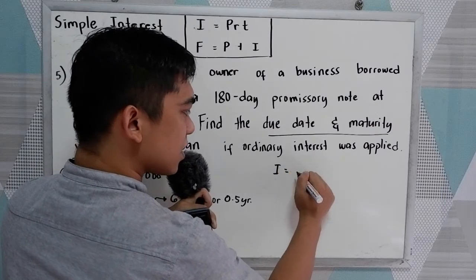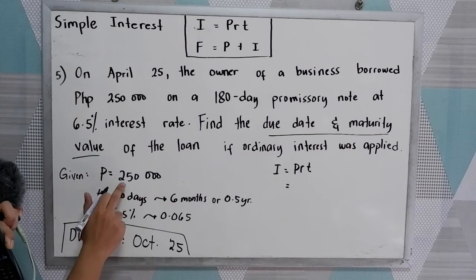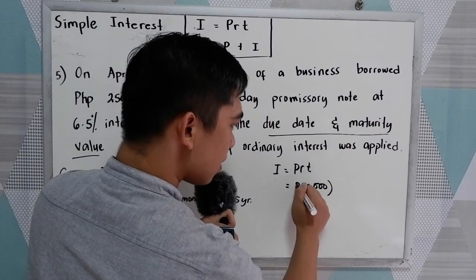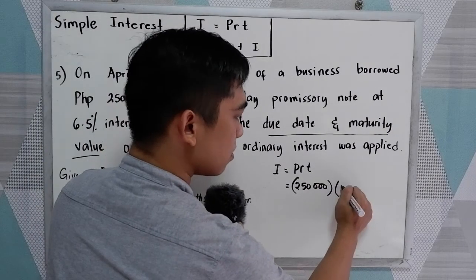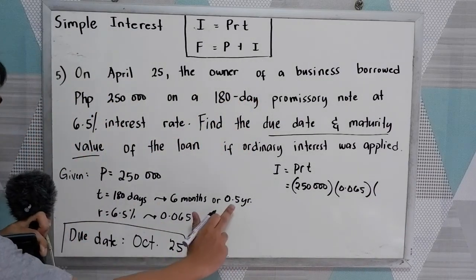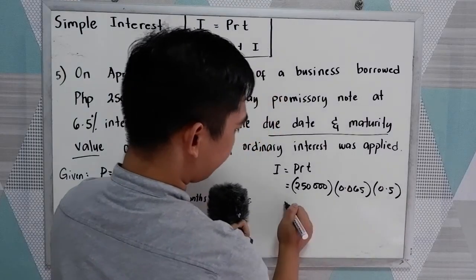So interest is equal to P times R times T. We have P, 250,000, times the rate, 0.065, and our time must be in years, so 0.5.